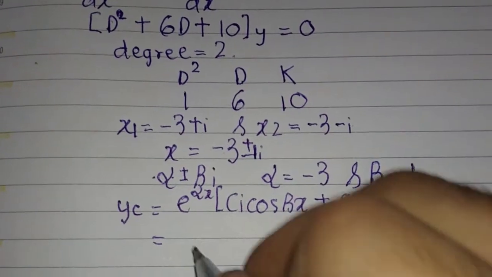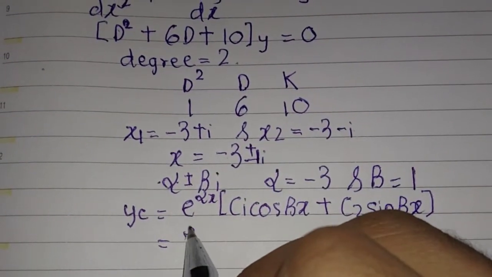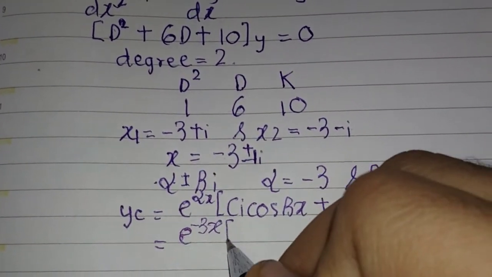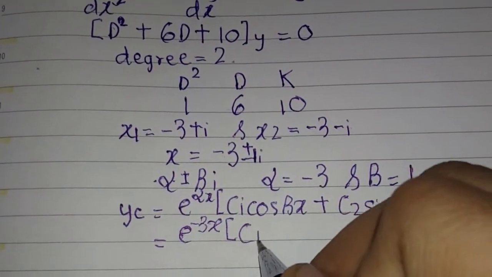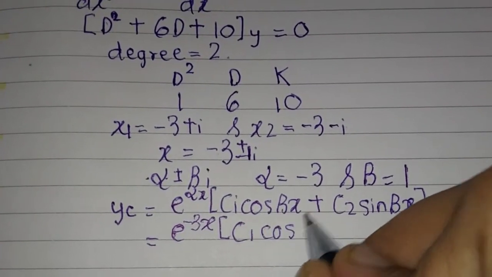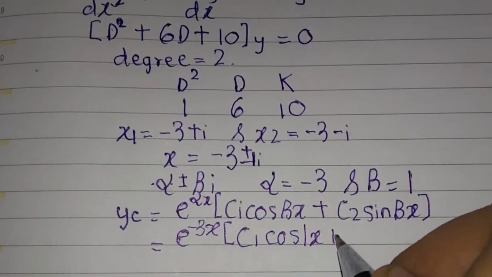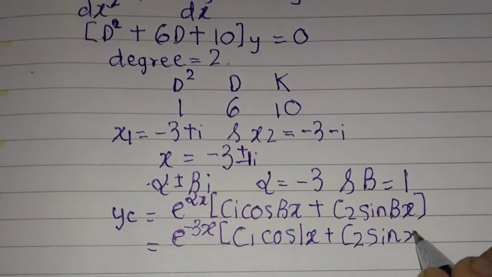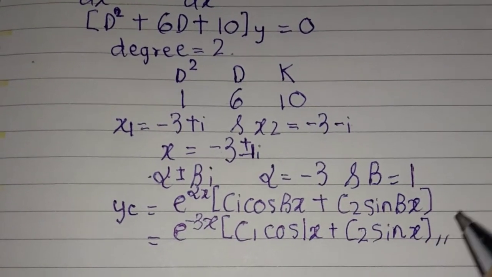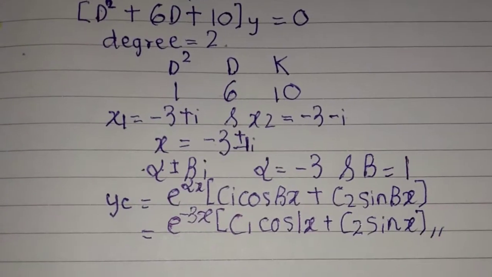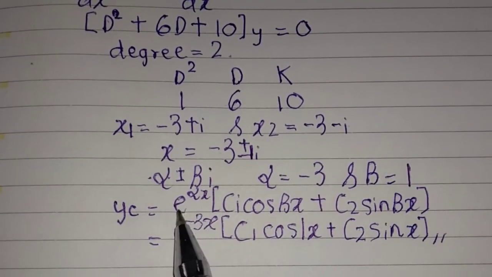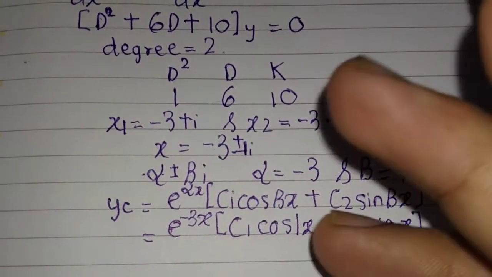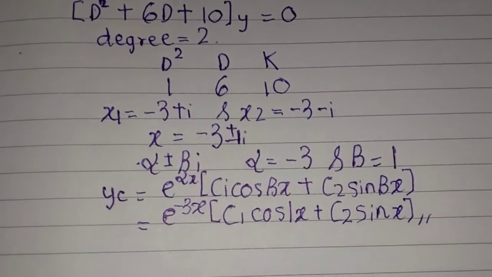Here the value of alpha is equal to minus 3, so writing here e raised to minus 3x, bracket, c1 cos beta, value of beta is 1, c1 cos x plus again c2 sin x. This is the final answer. We have to use this equation when we have to calculate the real and imaginary terms of the complementary function.